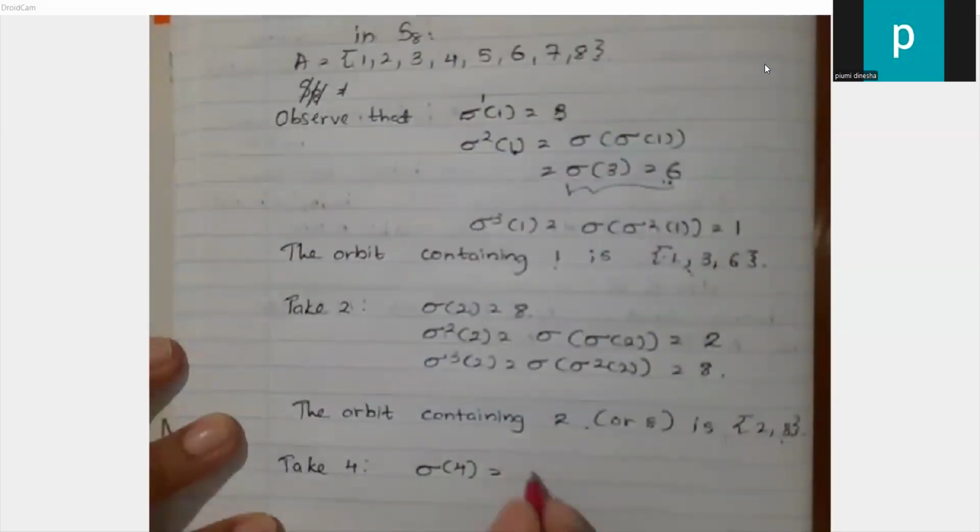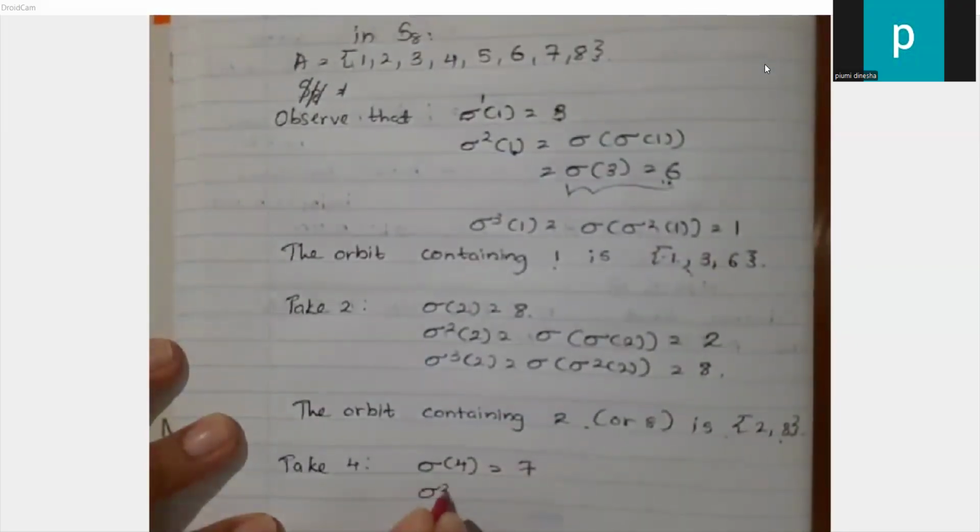So sigma of 4 is 7. Sigma squared of 4 would simply be sigma of sigma 4, or in other words, where sigma sends 7 to, right? Sigma of 4 is 7. 7 through sigma is sent to 5. So this is equal to 5.